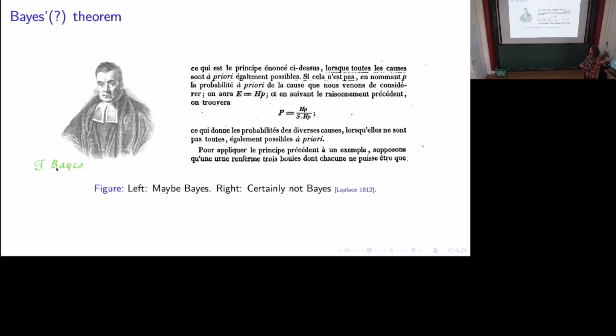If you are a member of the International Society for Bayesian Analysis, you can donate so they look after Bayes' grave. Bayes has a grave somewhere in the UK, and they look after it, and you can donate for the people who look after it, which I think is cool. It's nice that the society looks after that. They have a nice annual meeting as well. Anyway, too many tangents.